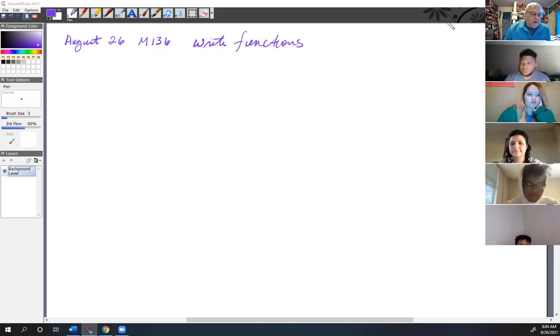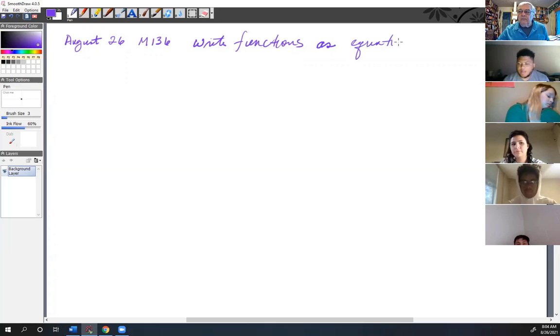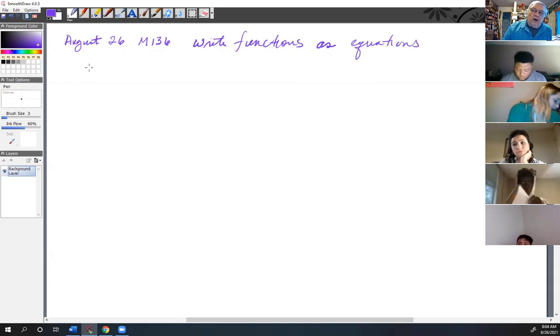All right, so resuming. We often write functions as equations. That's extremely useful. Functions can be written as equations, but not all equations are functions. So there's an equation, y squared equals x, but it's not a function.